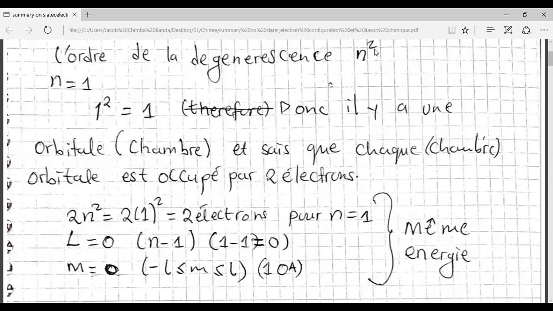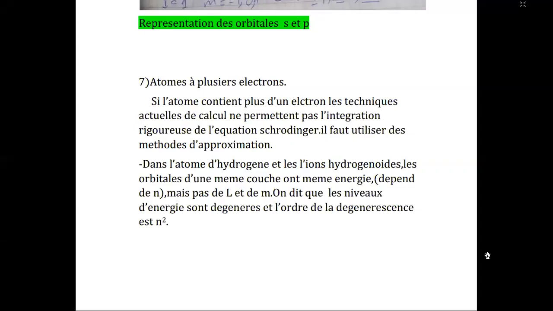We say that if two electrons are in the same room, they have the same energy, as we read here: in the hydrogen atom and hydrogenide ions, the orbitals of the same shell have the same energy.